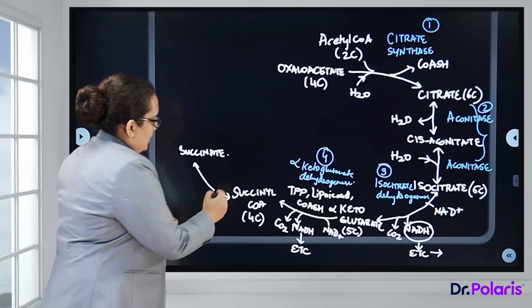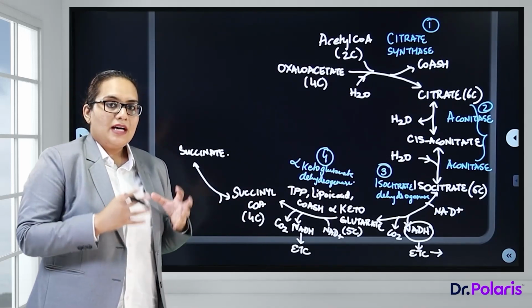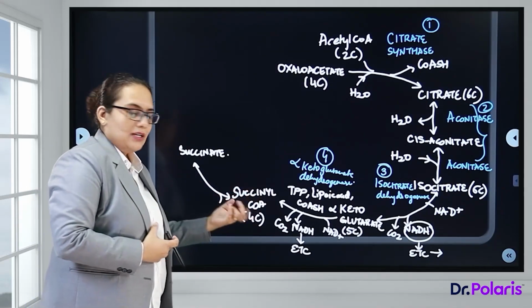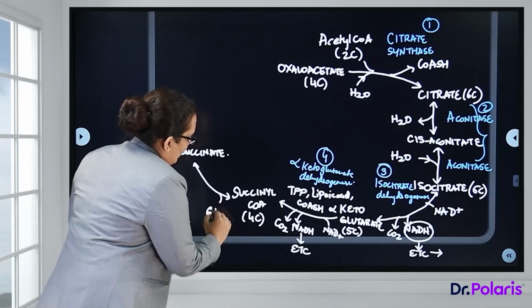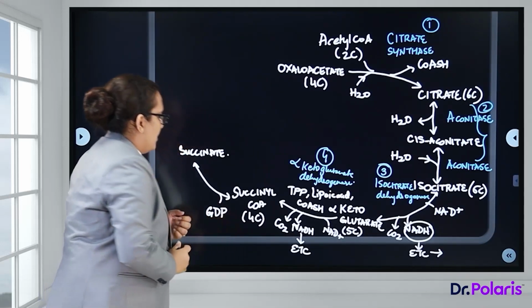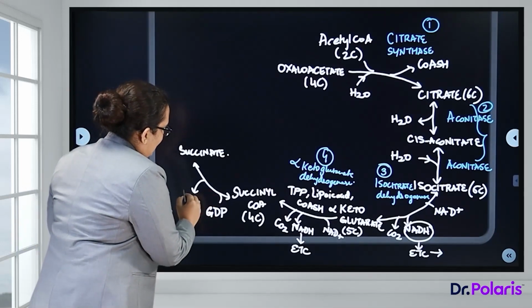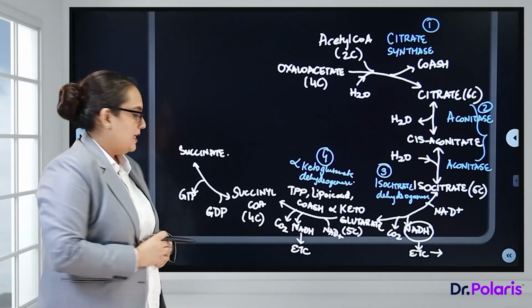During this reaction, succinyl-CoA is said to have a thioester linkage. So the energy which is stored in succinyl-CoA is transferred on to GDP, which is guanosine diphosphate, to form GTP directly. So energy is directly formed here in the form of guanosine triphosphate.